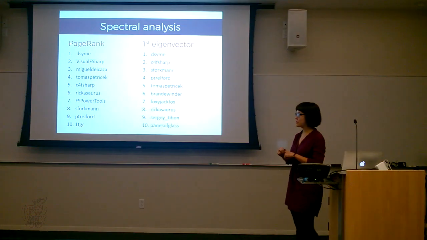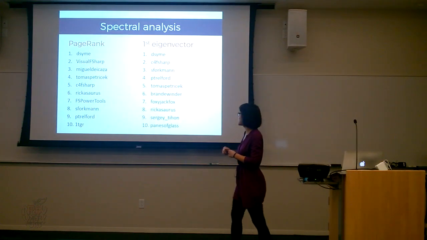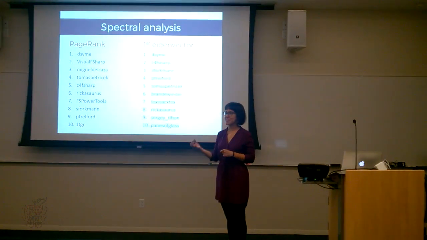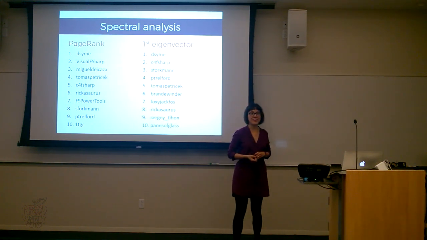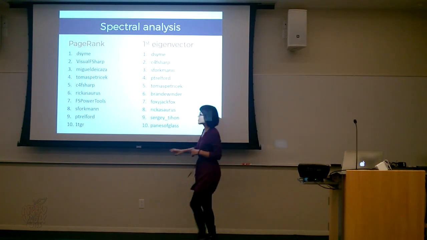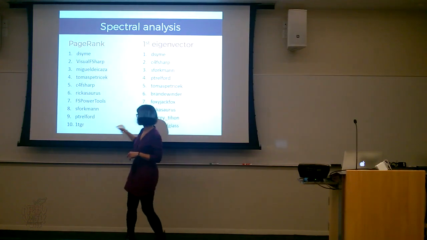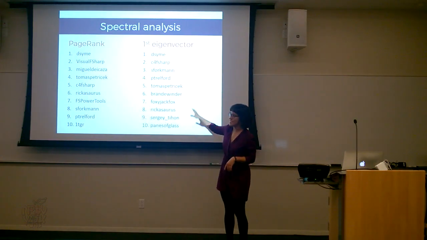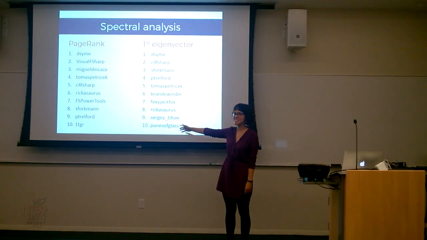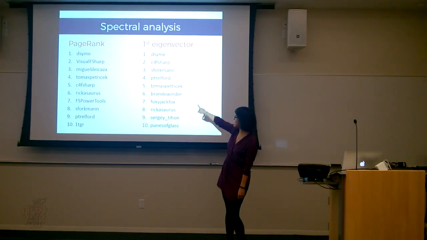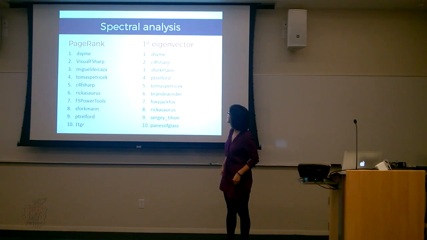But when you do this eigenvalue decomposition, you will find out that the first eigenvector is correlated with centrality in the network. So here I just wanted to compare it with PageRank. And Don Syme, the author of F#, is still the first in both rankings, but it's quite different on the other places.